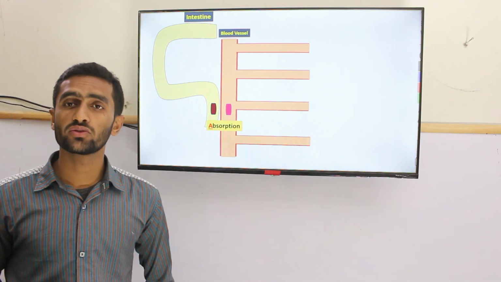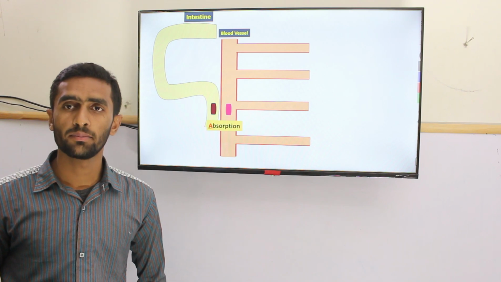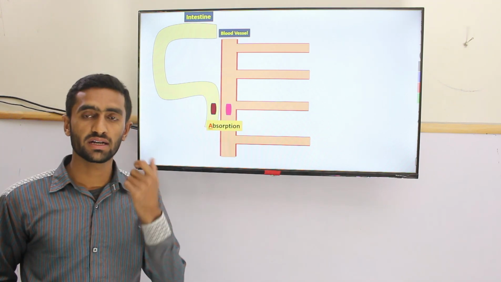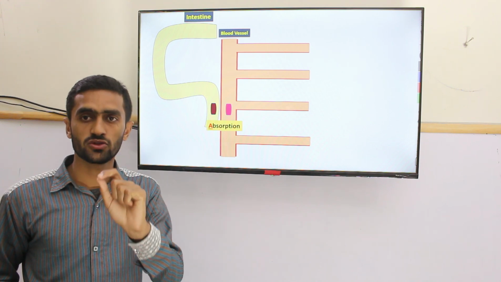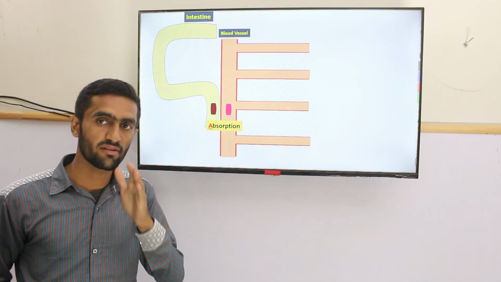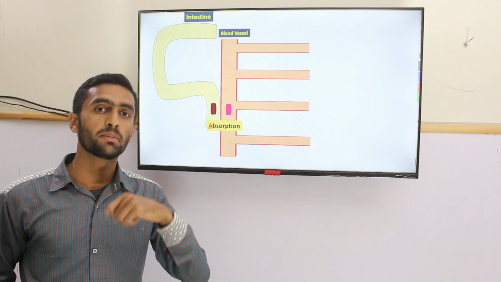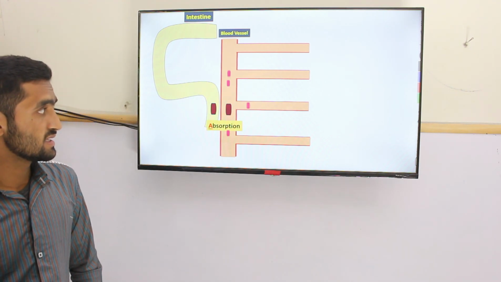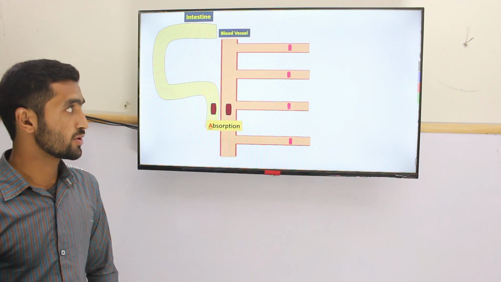Distribution means the drug is going to distribute into the whole body, because the drug cannot reach the target tissue in only one way. Our blood goes throughout the body, which means our drug also goes throughout the body.